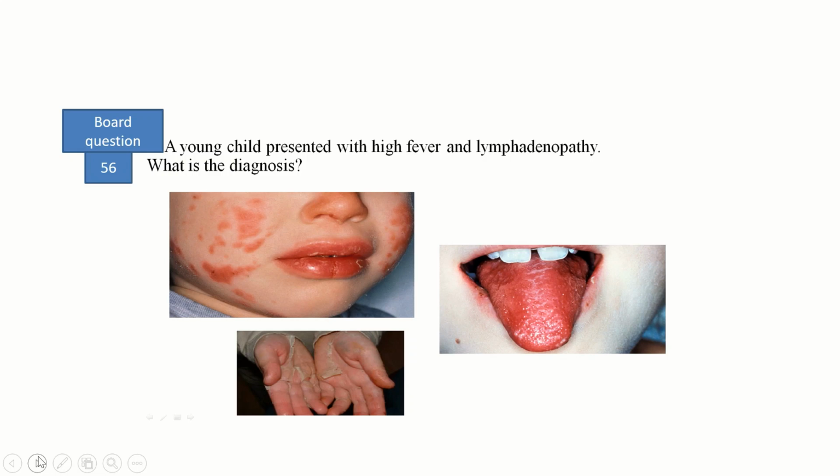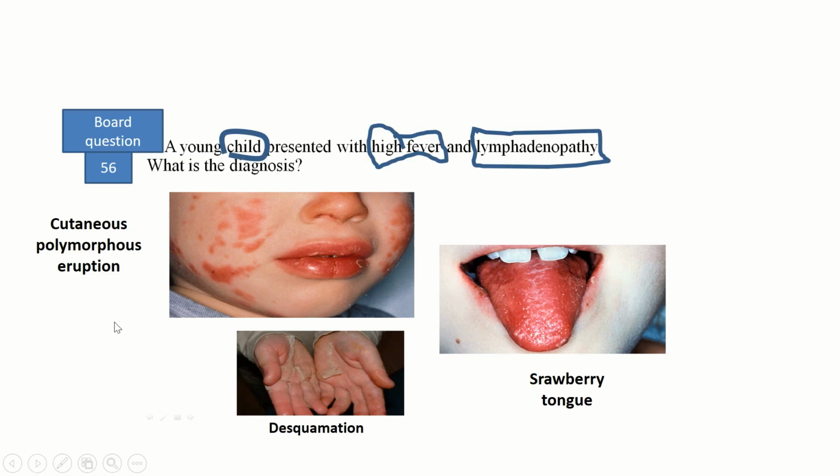And you see here a young child presented with high fever and lymphadenopathy. As you see here, this finding in a child, high fever and lymphadenopathy, with the tongue having the appearance of a strawberry tongue, and the exclamation here, are indicative of Kawasaki syndrome.